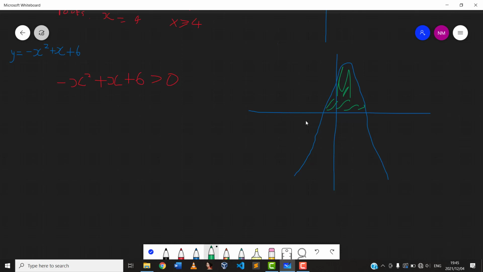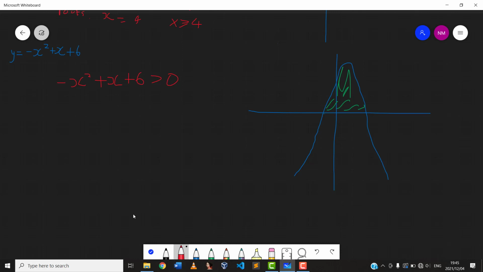So now we just gotta find the x value of the two roots. And to do that, we can use the quadratic equation, because that's kind of easy. So minus 1 plus square root of 1 minus 4... So x is equal to minus 2, and x is equal to 3.